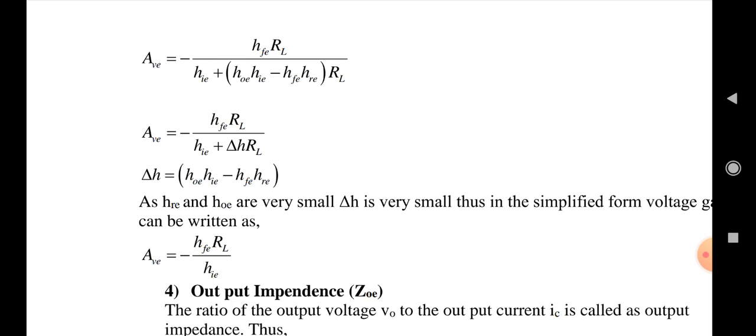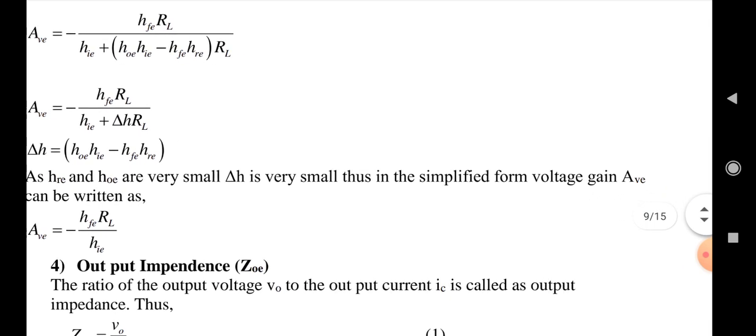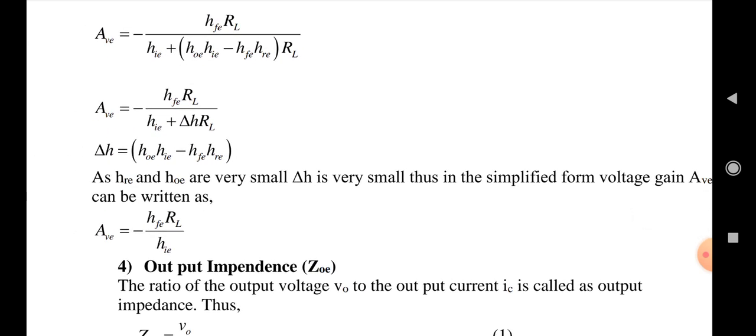So this amplifier voltage gain can be written as A_ve is equal to minus h_fe R_L upon h_ie.